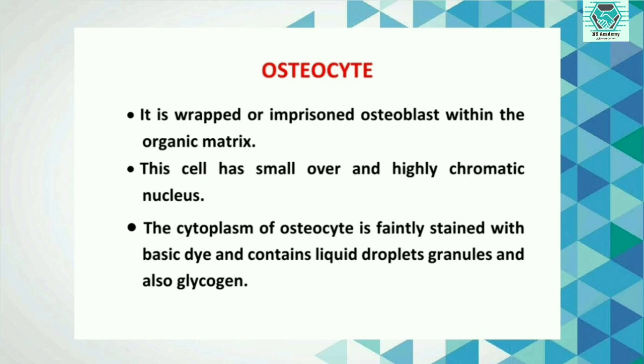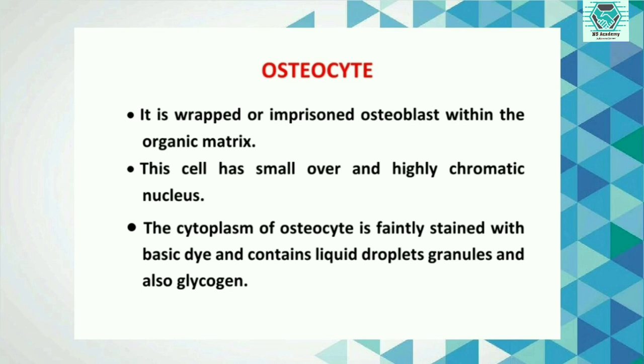The next cell is osteocyte. It is a trapped or imprisoned osteoblast within the organic matrix. Osteoblast becomes trapped within its own secretory material, the matrix. Thus, the osteocyte remains trapped within the lacuna.